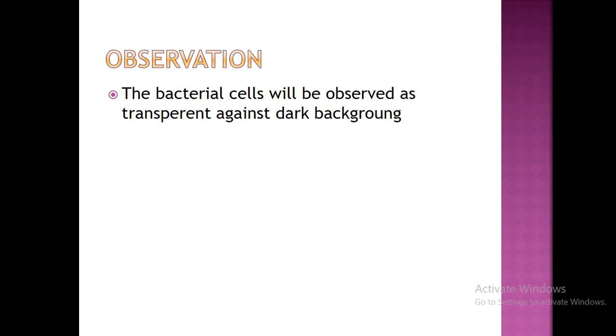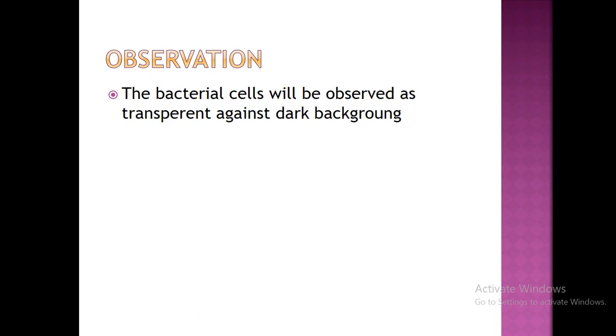The observation: the bacterial cells will be observed as transparent against a dark background. Bacterial cells will be transparent and the background will be darker. It is because the stain, that is India ink or nigrosin, has a negative charge, and the charge on the bacterial cell wall is also negative.